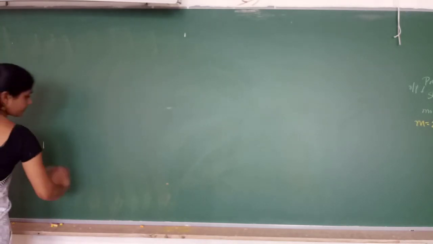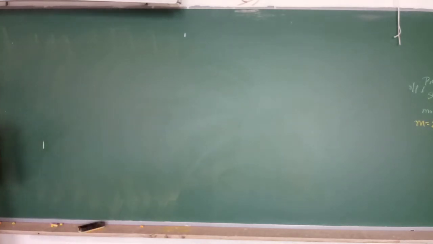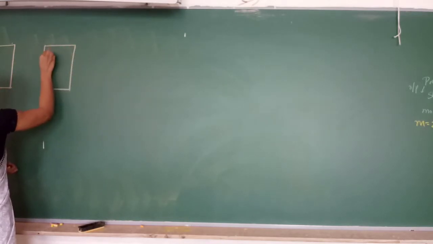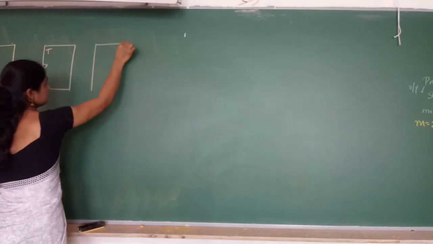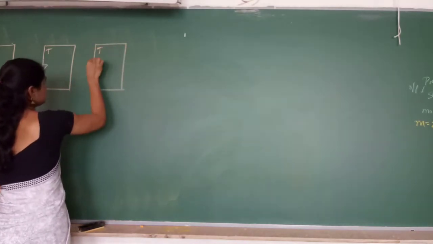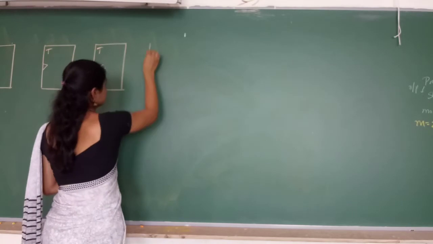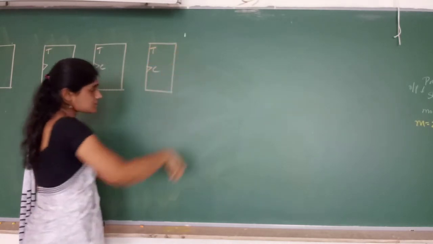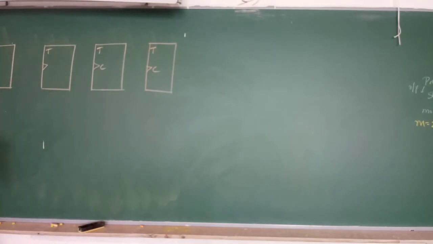T flip-flop, binary ripple up counter. Again I'll write it here. We have 4 positive edge triggered T flip-flops. I need this space to write the timing diagram to explain the circuit.